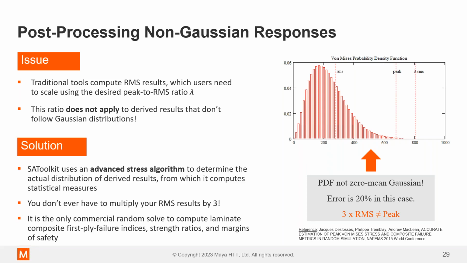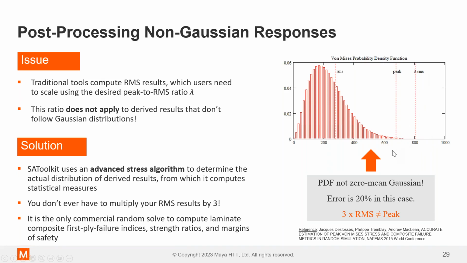And so what we do is we actually have an advanced stress algorithm that determines the actual distribution of these non-Gaussian responses, the von Mises stresses and the composite failure metrics. We calculate them directly and can tell you what the peak is. In an example like this, where you have the RMS, you just multiply by 3.